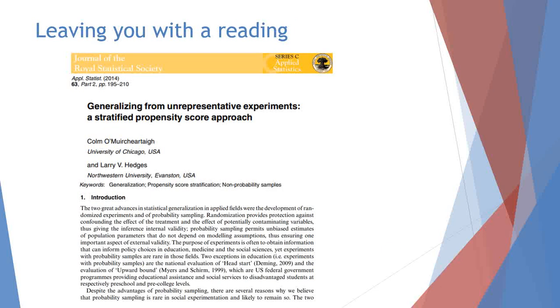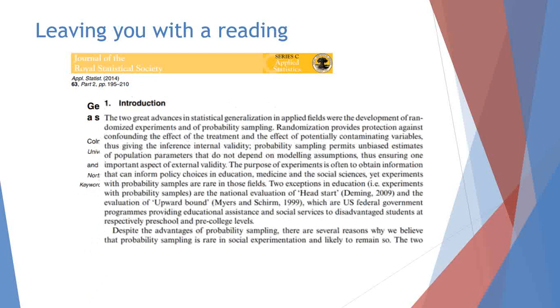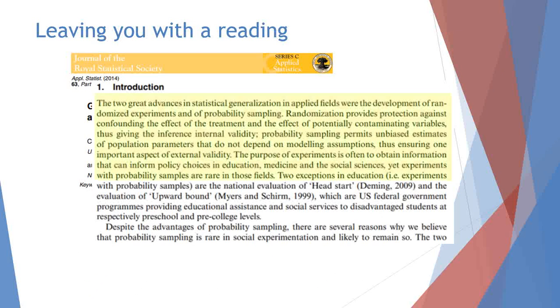So I'm going to leave you with a reading. I don't actually intend you to read it. I just want you to have a look at the argument made by Hedges, who's one of the world's leading statisticians and also one of the leading survey researchers. That the two greatest advances in statistical generalization, so external validity, were the development of randomized experiments, which we all know about, and probability sampling.